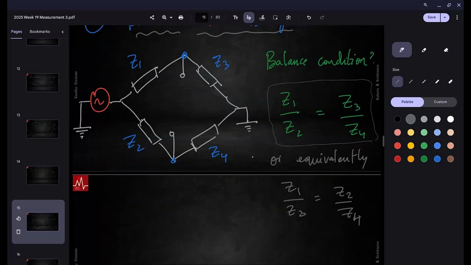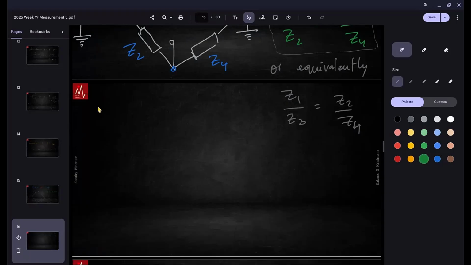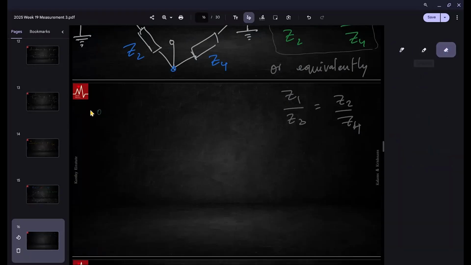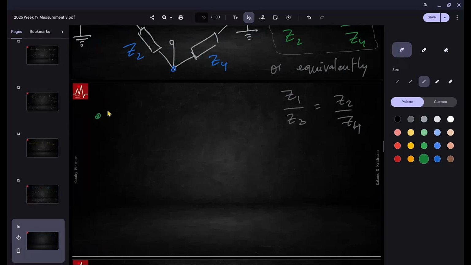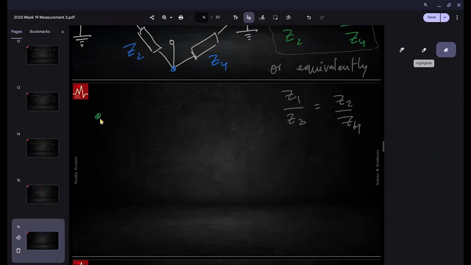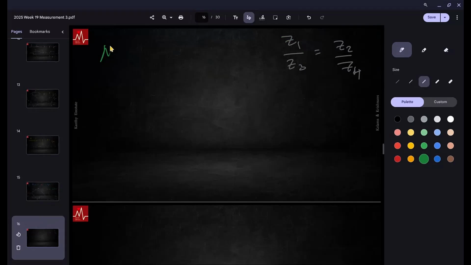So the balance condition, these impedances are complex.